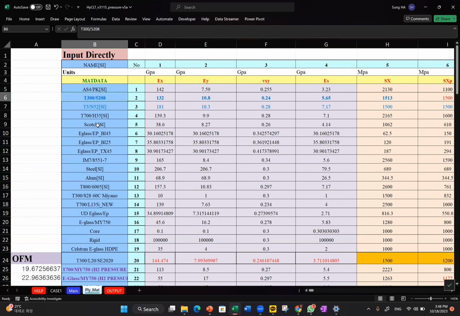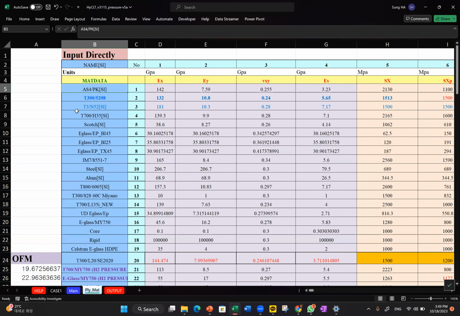Here, one point I like to mention is that for each name we always have a slash, like AS4 slash PEEK, T300 slash 5208. The first word represents the fibers. AS4 is a carbon fiber, and T300 is a carbon fiber.